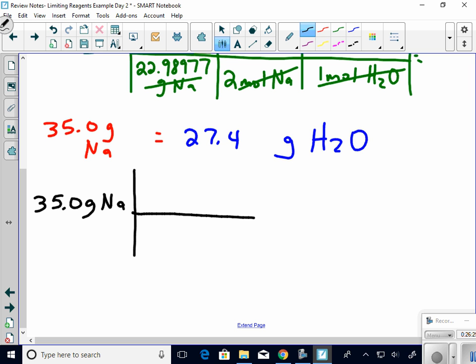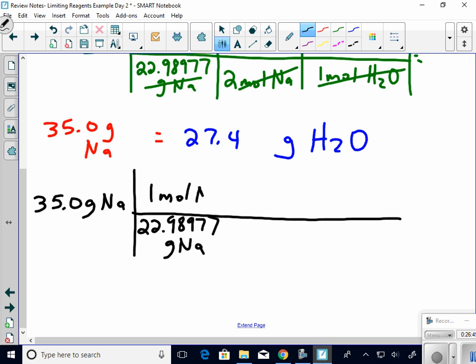This time, I'm going to go mass to volume because I want liters of hydrogen gas. I still have my number for sodium. It hasn't changed. So now I've converted that to moles of sodium. My molar ratio is going to change because I only have 1 mole of hydrogen gas.